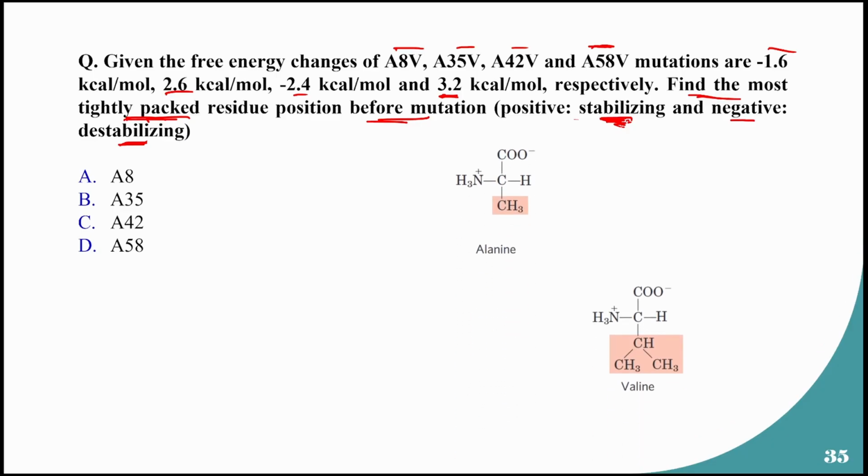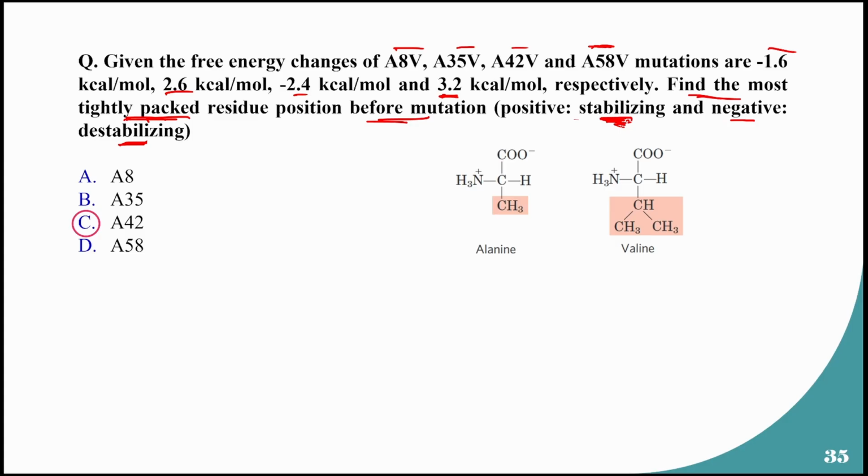So what you have to find out here is basically the value that was the most destabilizing following mutation. Because if in the earlier situation it already had a tighter packing, then if you increase the side chain bulk, of course, it will lead to a steric hindrance and it will cause destabilization, right? So the tighter the packing earlier, the more destabilized the mutation will be.